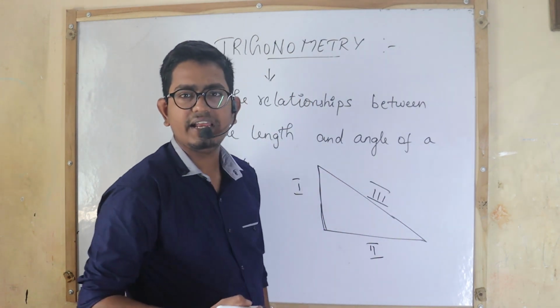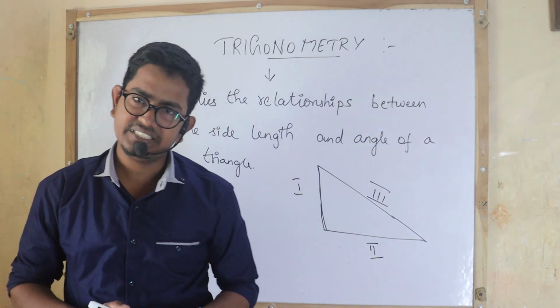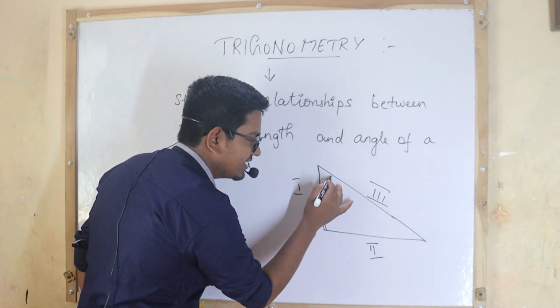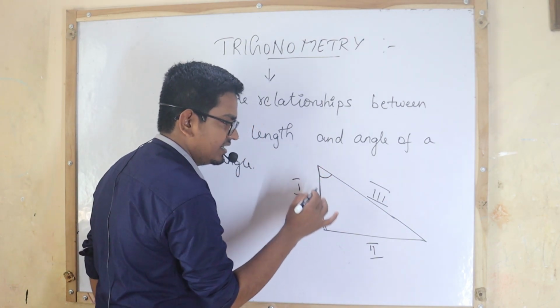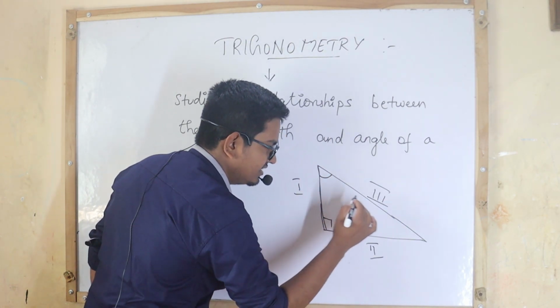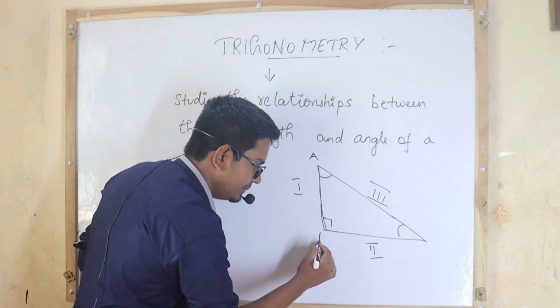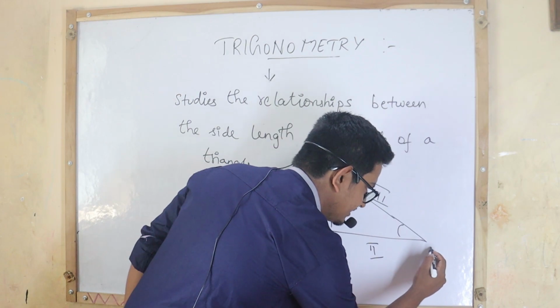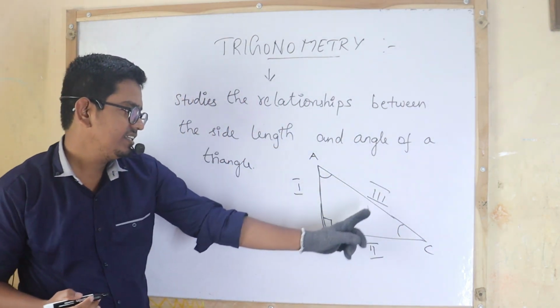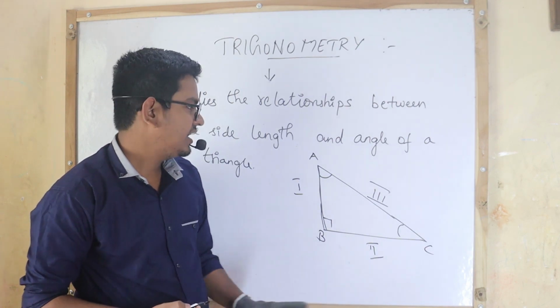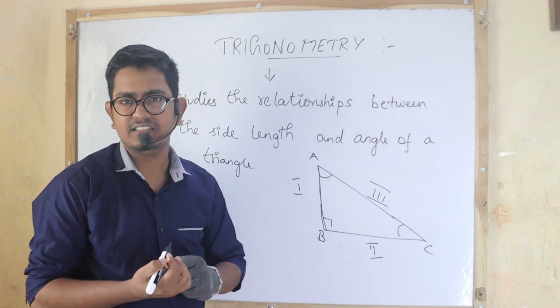So in the triangle, I will be having three sides. And I am going to have three angles: the first angle, the second angle, the third angle. Let it be the point A, let the point B, C. So I am having here three sides and three angles.